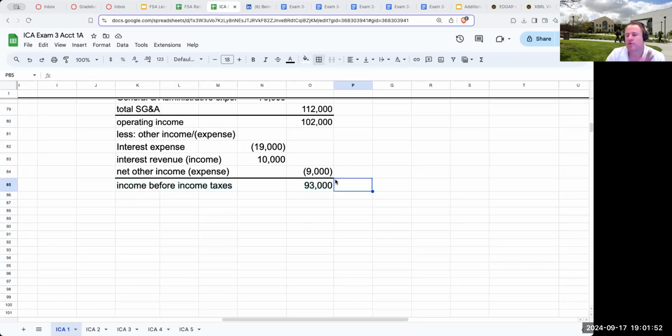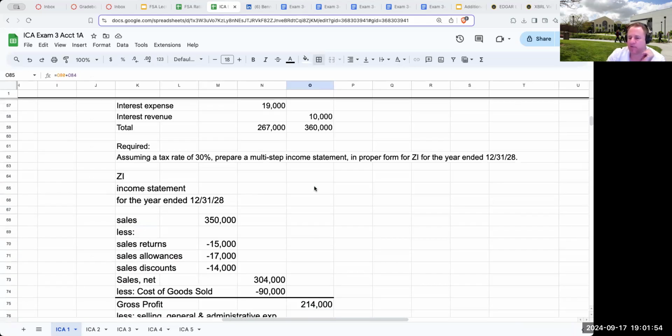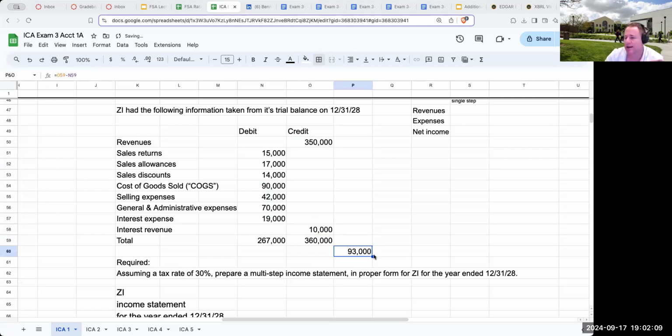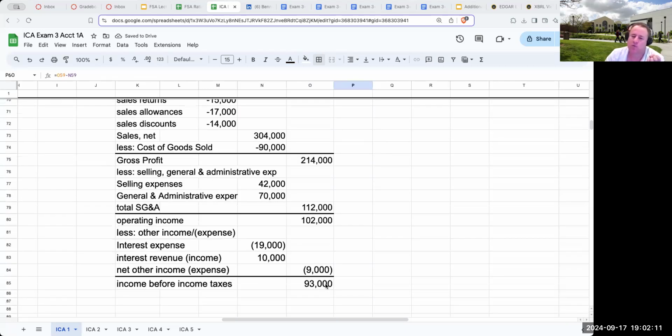As you see, this over here is 93,000. And effectively, what is this? It's basically our revenues, which were 360,000, less our expenses. If these are all in fact expenses and I take 360 minus 267, I get 93. So this is a way I can check my work. So this is my income before income taxes.